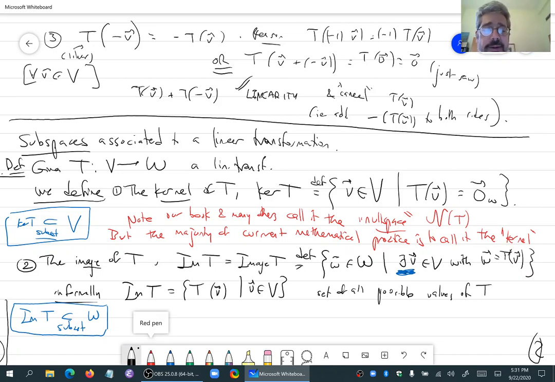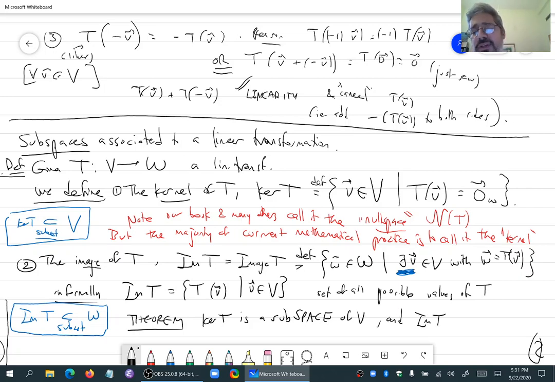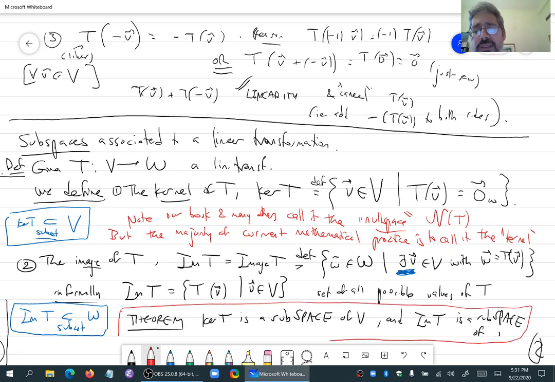Okay, and now there is a theorem: the kernel of T is a subspace of V, and the image of T is a subspace of W. So they're not just any subsets, they're subspaces.